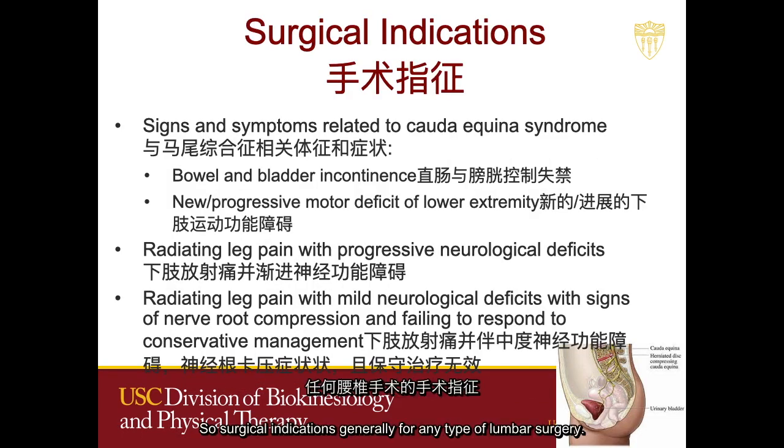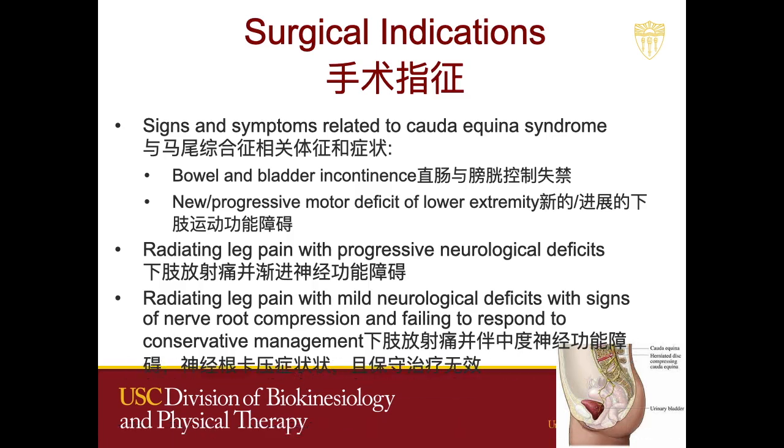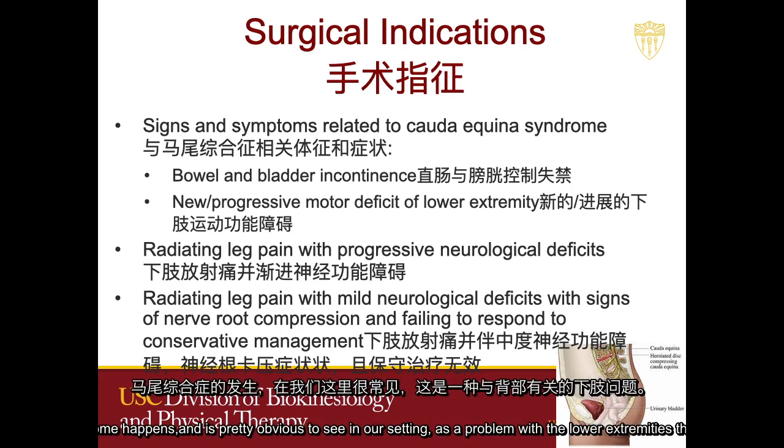So, surgical indications generally for any type of lumbar surgery. Again, these are really important red flags that we need to recognize if we're seeing these patients. And that would include what's called cauda equina syndrome. Cauda equina syndrome is pretty obvious to see in our setting as a problem with the lower extremities that's related to the low back.